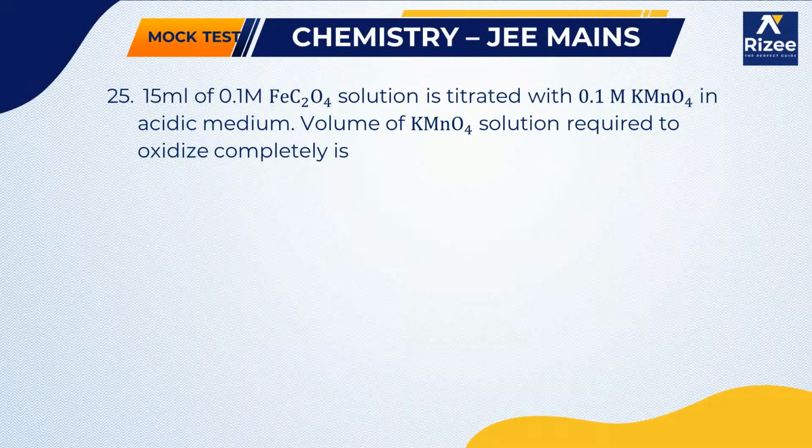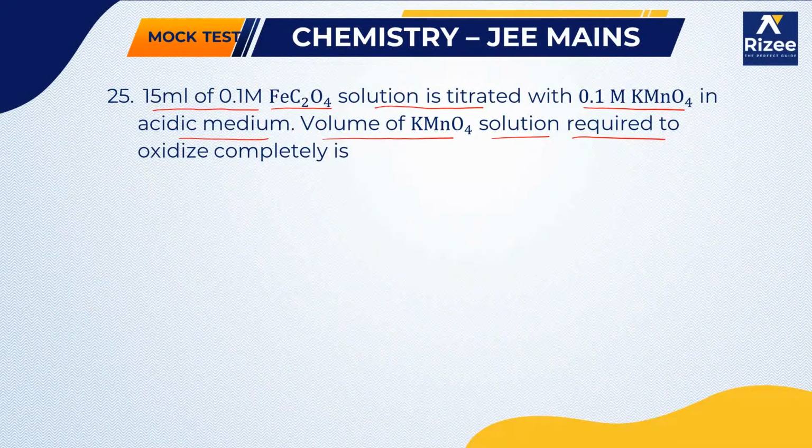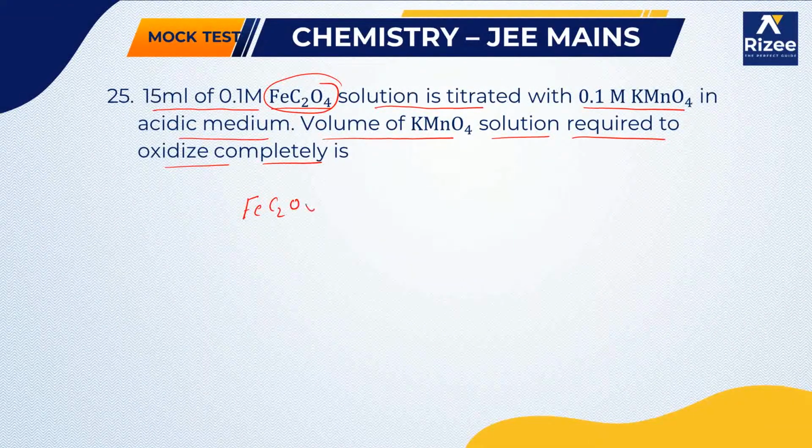He is saying that 15 ml of 0.1 molar FeC2O4 solution is titrated with 0.1 molar KMnO4 in acidic medium. So what volume of KMnO4 solution is required to oxidize the FeC2O4 solution completely? So we can write the equation FeC2O4.